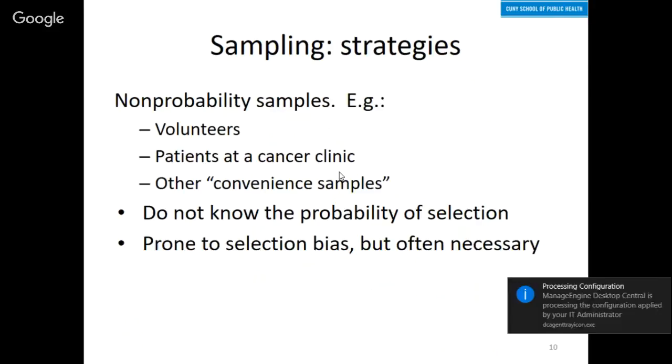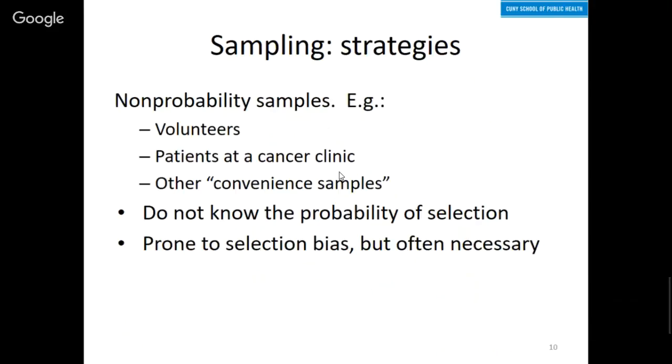That doesn't mean they're completely useless, but you have to be aware of this and treat any inference, like calculation of p-values, with an extreme grain of salt, because you don't know what the probability of individuals being sampled from your target population was. So any kind of probability calculations will be problematic.